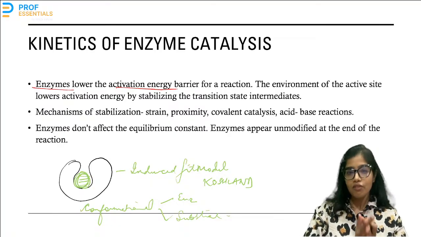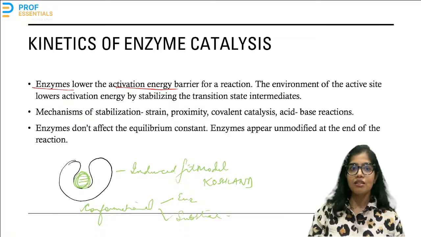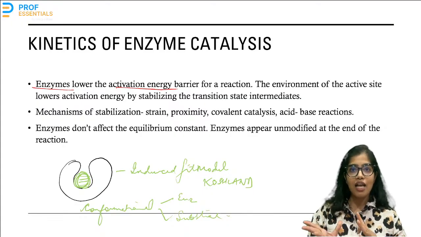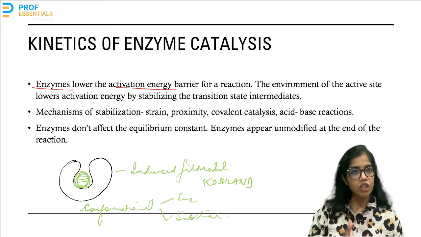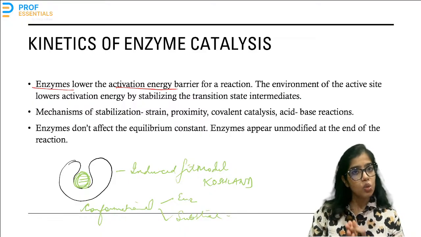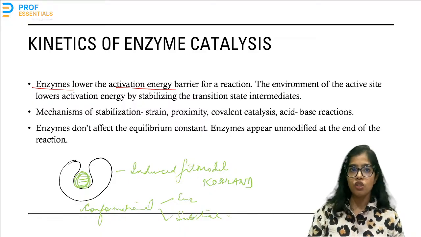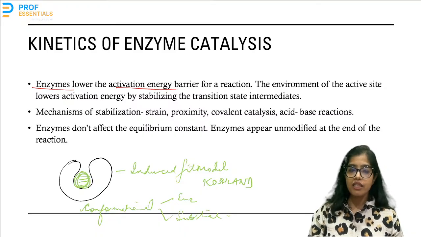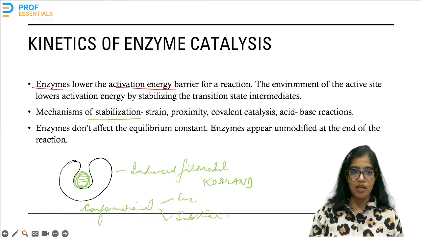This is what stabilizes the intermediate that is formed here. The environment of the active site isolates it from the surrounding environment and brings about a conformational change, thereby lowering the activation energy. The transient state intermediate that is formed is stabilized by the enzyme.